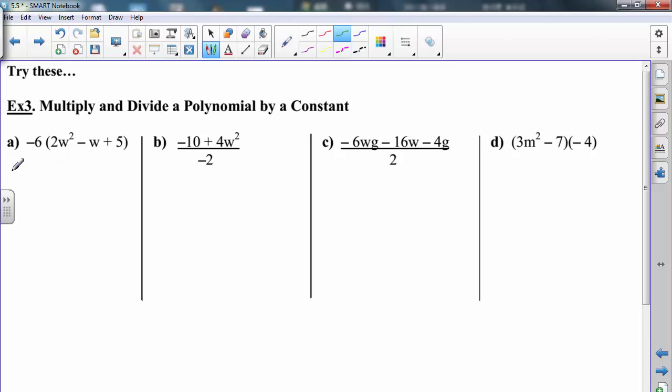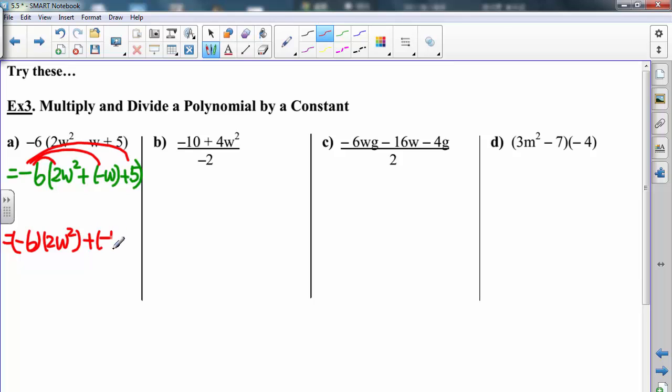The first one. First, I change the minus to adding. So negative 6 times brackets 2w squared plus negative w plus 5. Then I can distribute negative 6 into each term in the brackets. So it's negative 6 times 2w squared plus negative 6 times negative w plus negative 6 times 5.